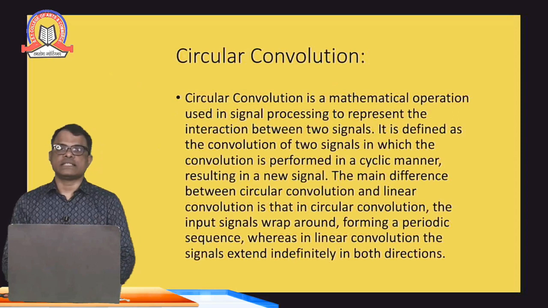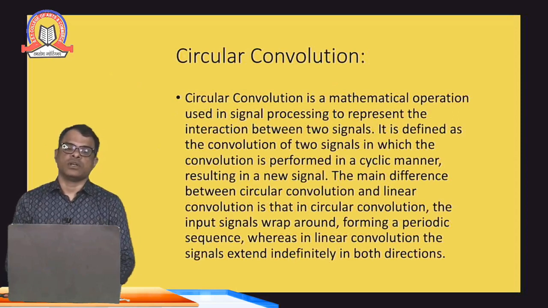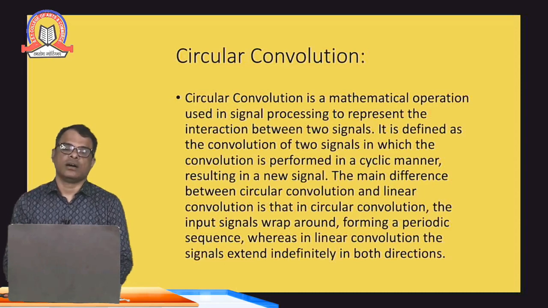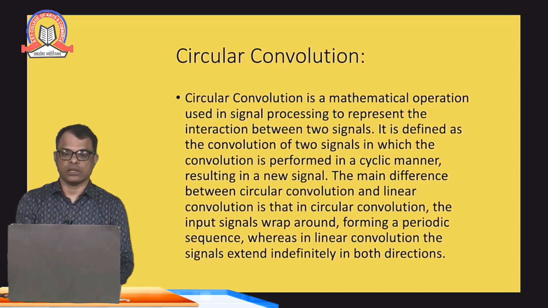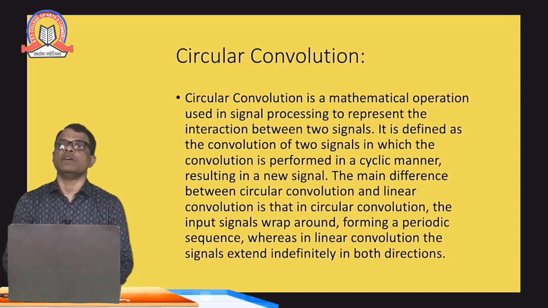First, we will understand what is a circular convolution. Circular convolution is a mathematical operation used in signal processing to represent the interaction between two signals. Here, the very important thing we should know is that we are talking about digital image processing. Under this, we are talking about circular convolution. So, all these things are related with the image processing.